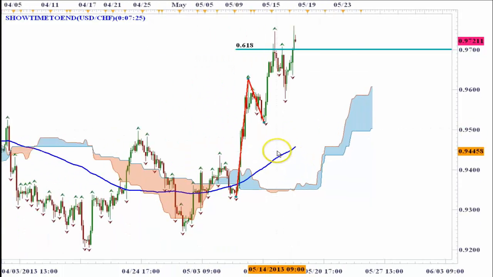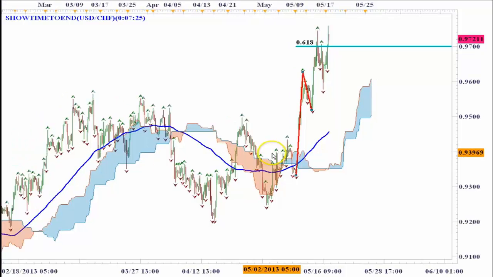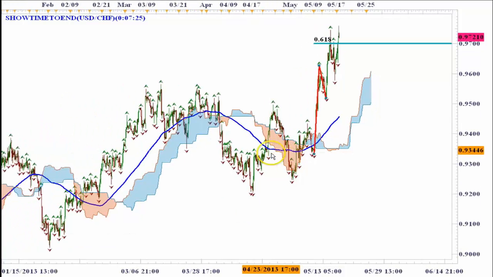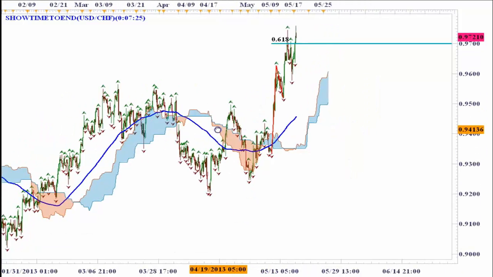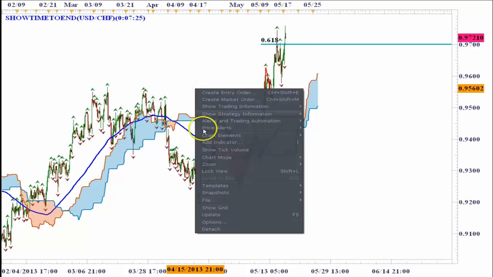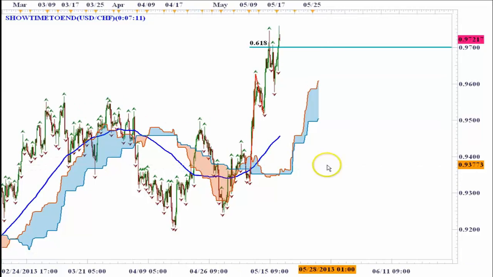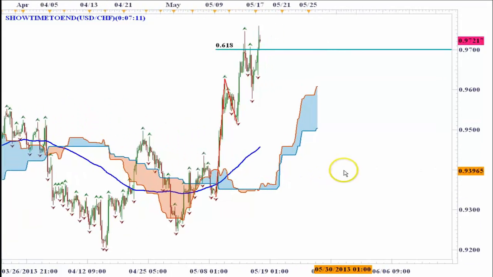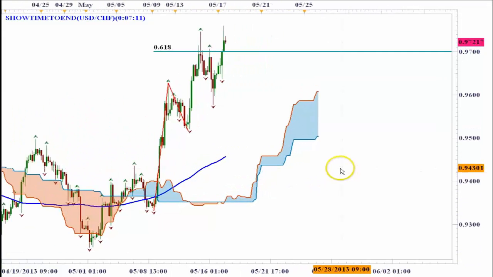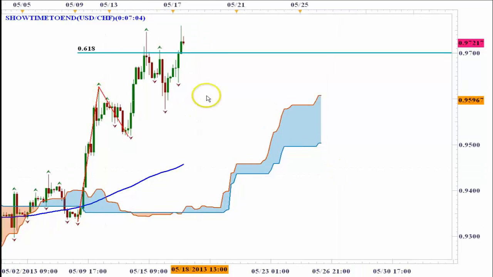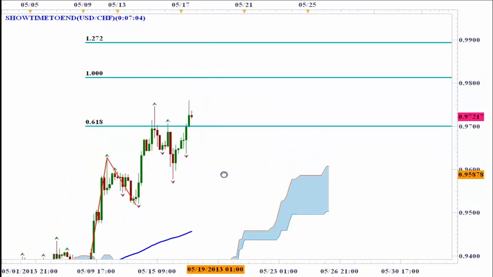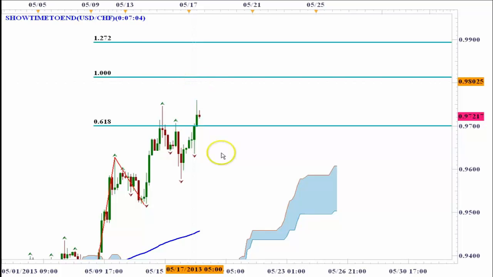Where am I expecting the market to go to? I'm expecting the market to make 100% of this same move that it just made. So if I was expecting that, I would expect the market to go here.